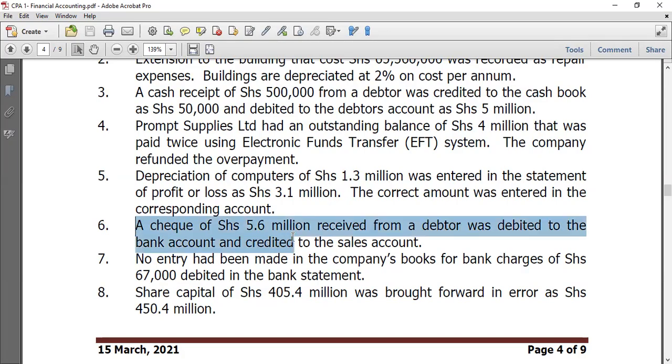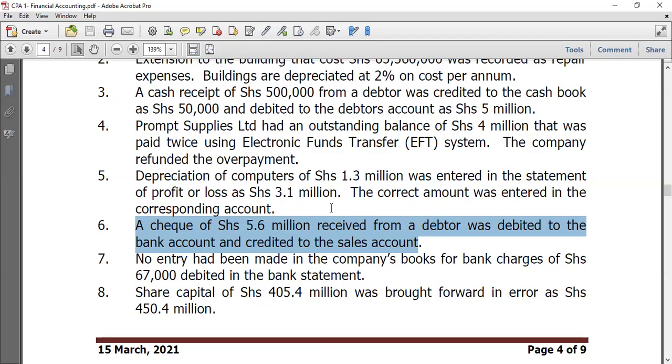A check of 5.6 received from a debtor was debited to the bank account and credited to the sales account.